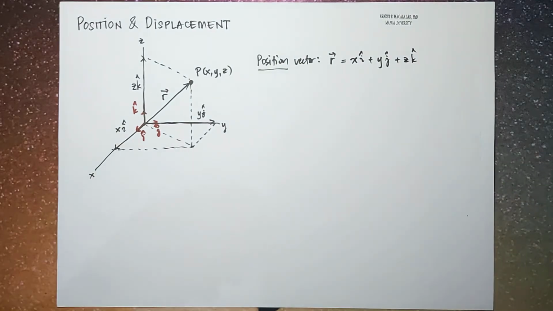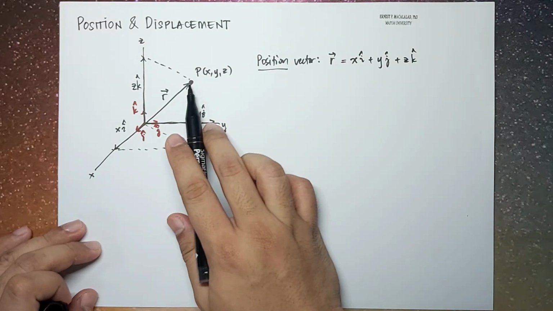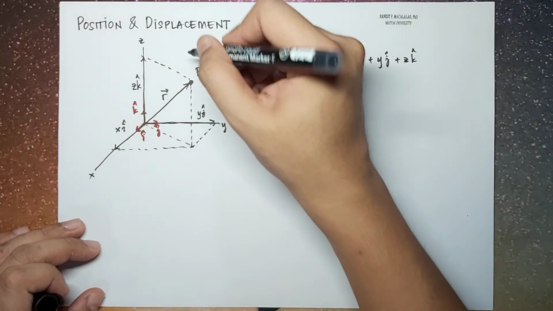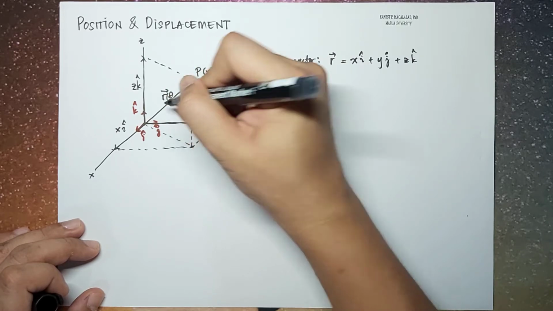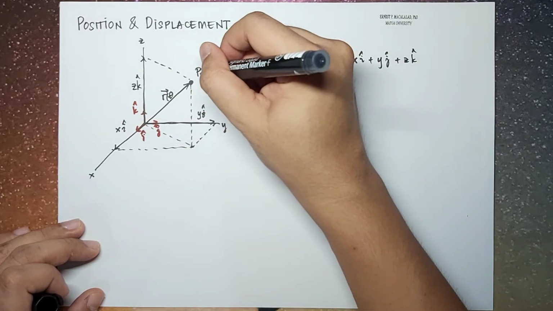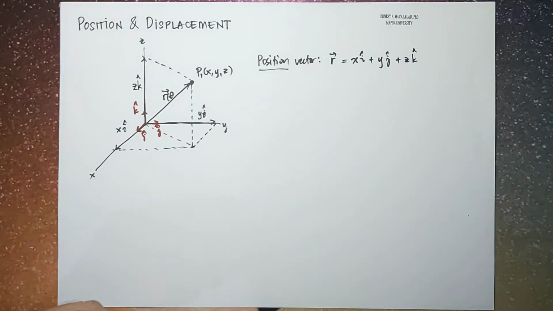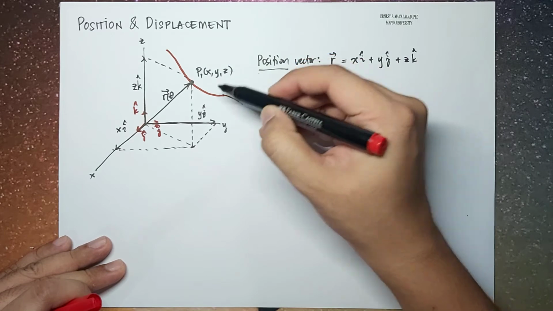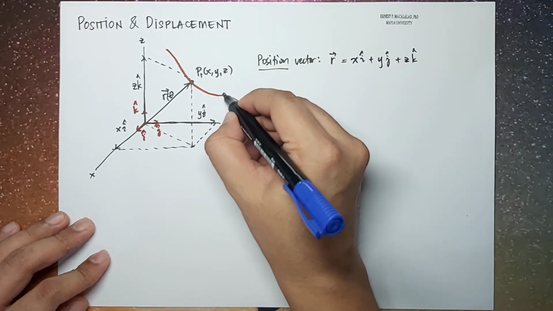Now what happens if the particle moves to another position? Let's say this is the position of the particle at time equal to t. Let's call this position 1. Now let's say this particle moves following this path, and it ends up in this position.